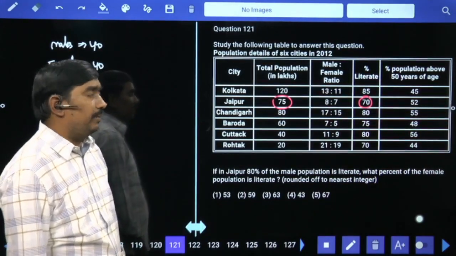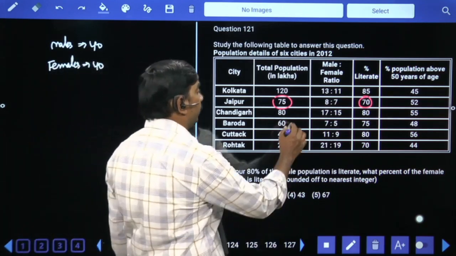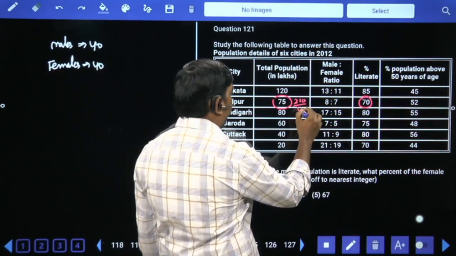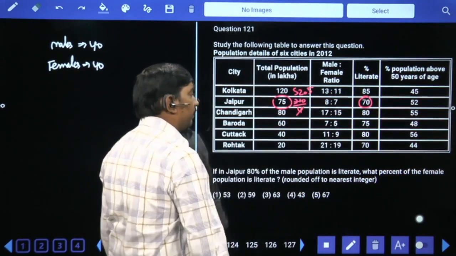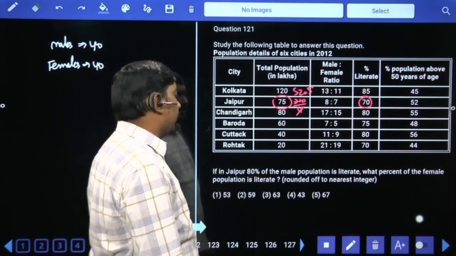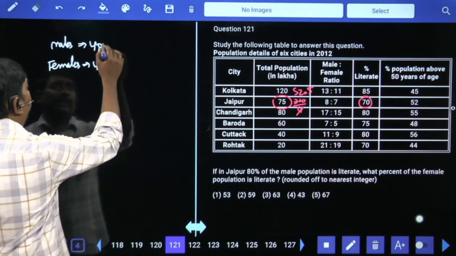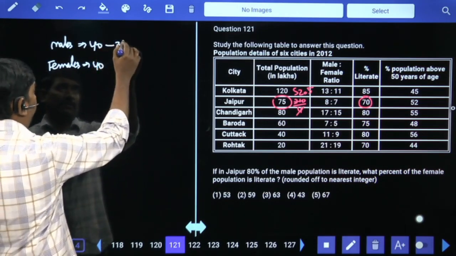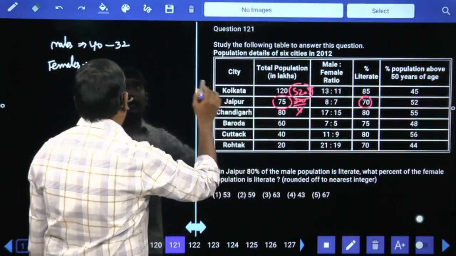Total literates 3/4 of 70, 210 by 4 means 52.5 total literates. In that, 80% of the male population is literate. Of the total 52.5, 80% of 40 is 32 literates from male.